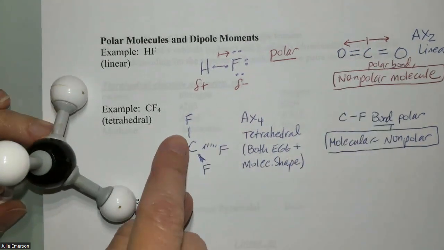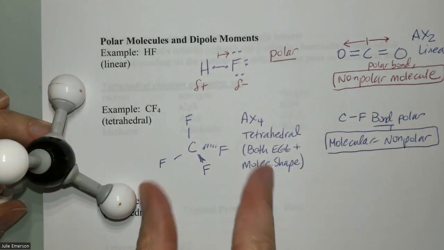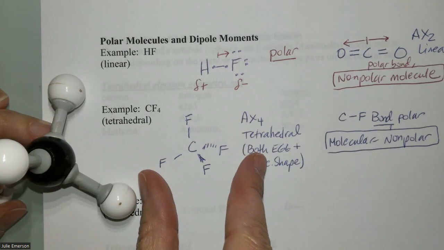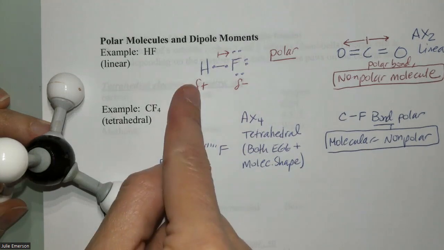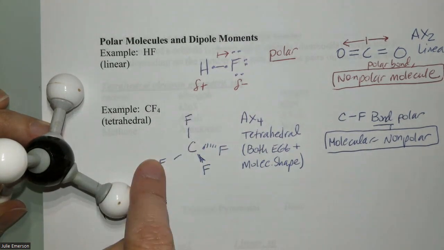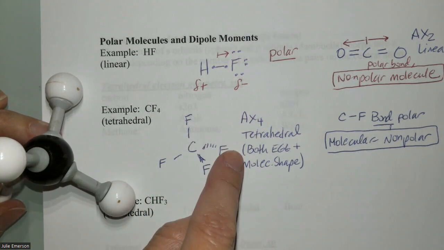But this fluorine is pulling up. These are pulling out and down. And I know they're at an angle, but that downward pull of those three equals the upward pull of that one fluorine. The one that's pulling off to the left-ish is being offset by these pulling to the right-ish.